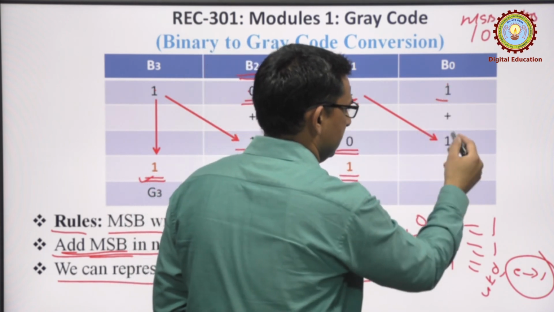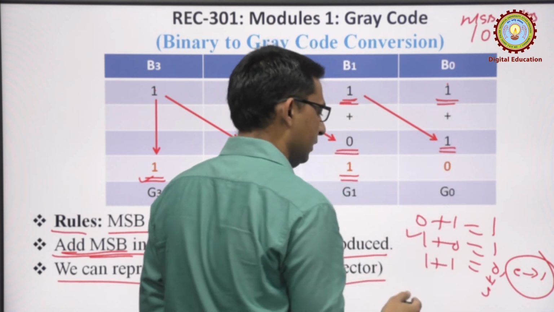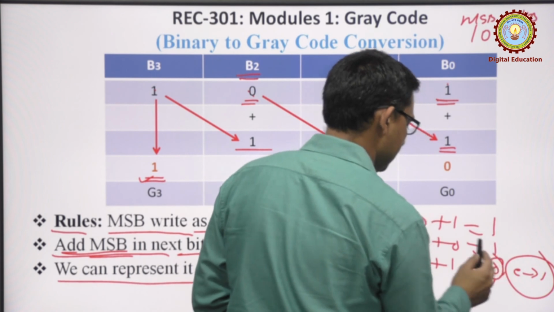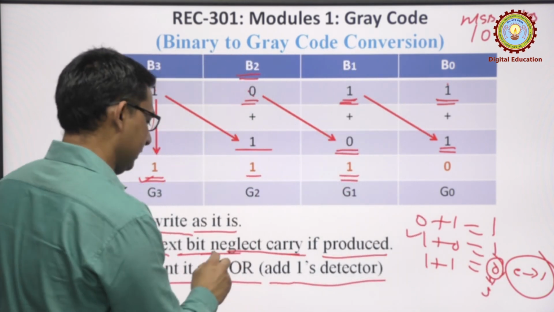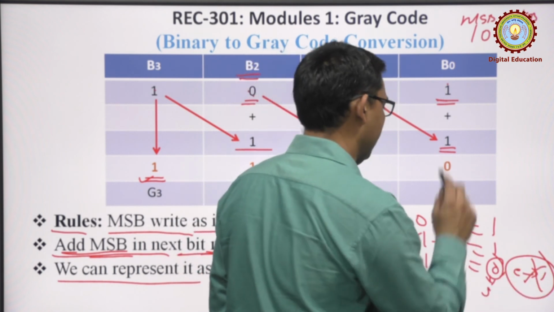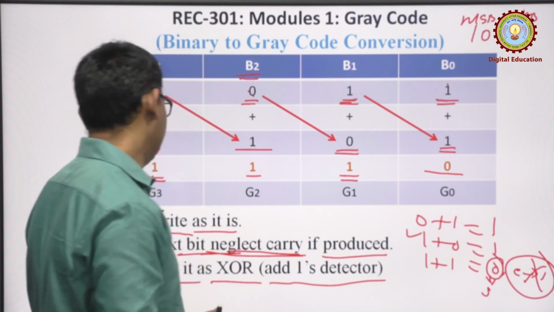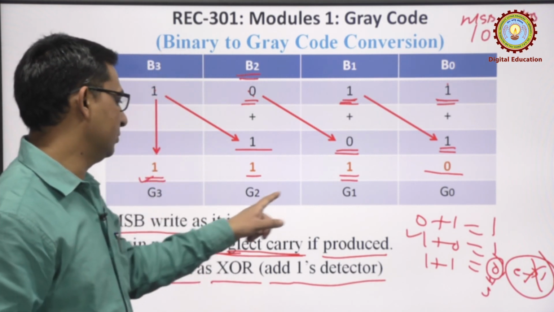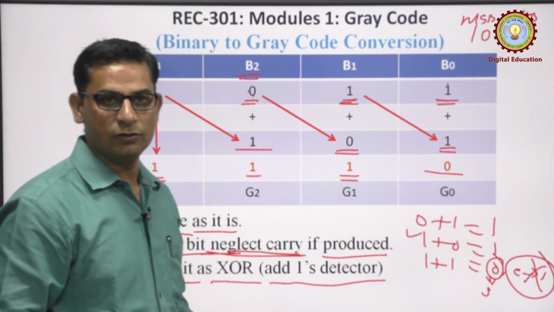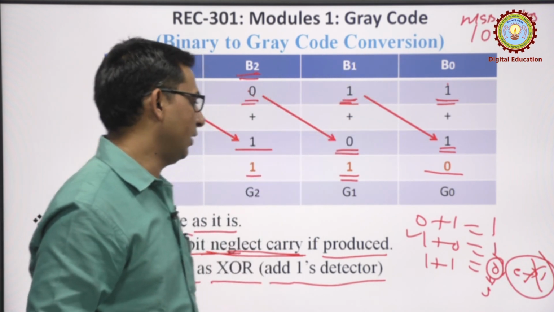So, 1 plus 1 is, we know, the sum is 0, and we neglect the carry. So, we have neglected the carry part. So, this is the gray code. Okay. And the order will be G3, G2, G1 and G0, similar to B3, B2, B1, B0 in the binary code. Okay.